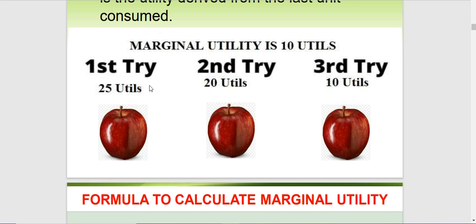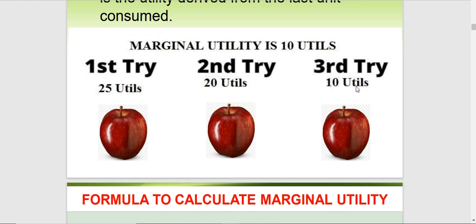In the first case, when we were consuming the first apple, it is called the marginal unit. But when the second apple is consumed, then the second apple is called the marginal unit. Marginal means additional. So when the second one is consumed, the second apple becomes the additional unit.